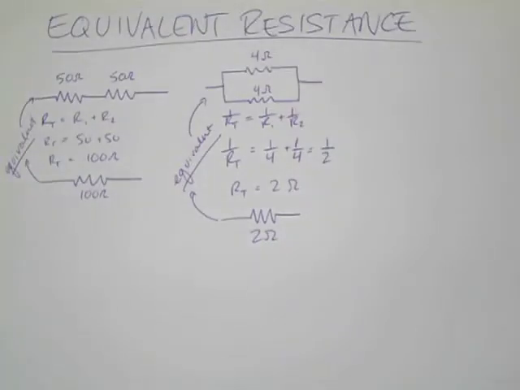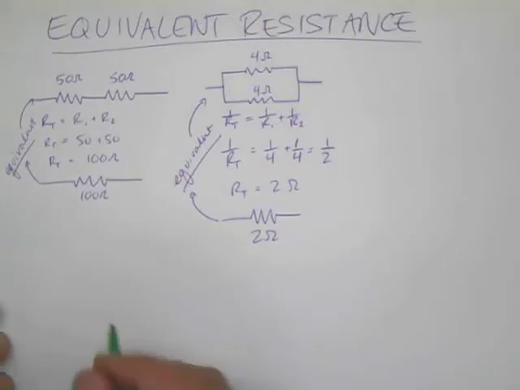Now, where it becomes more important is when we have what we call combination circuits, or circuits that have some things in parallel and some things in series. So let's go with a new color and let's look at a more complicated example.